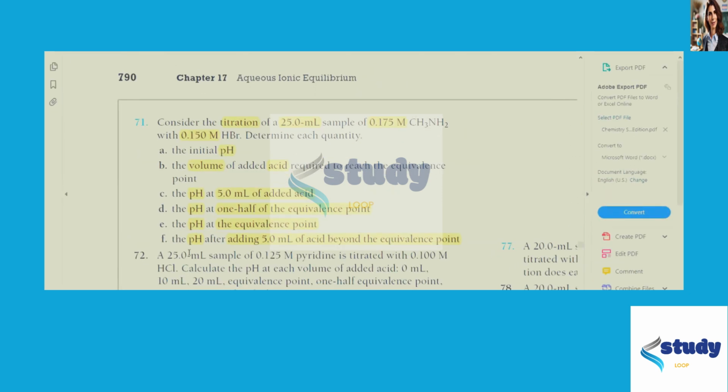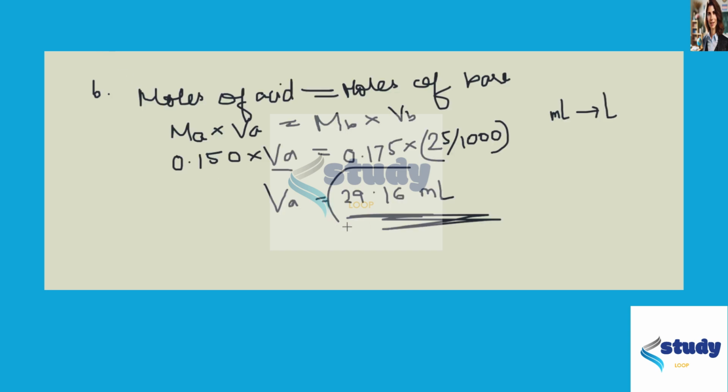Next question. The pH at 1/2 of the equivalence point. Now, whenever I see questions like this, I always try to figure out what the question is actually asking me. So I know I have to find the pH, but what is 1/2 of the equivalence point? So I go back to what my equivalence point was, which was 29.16.